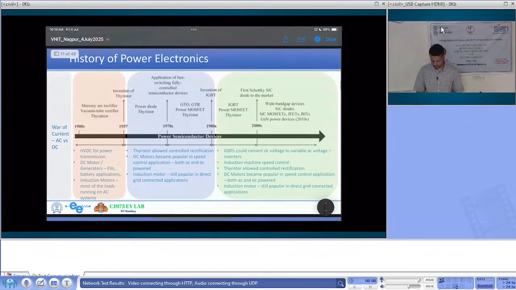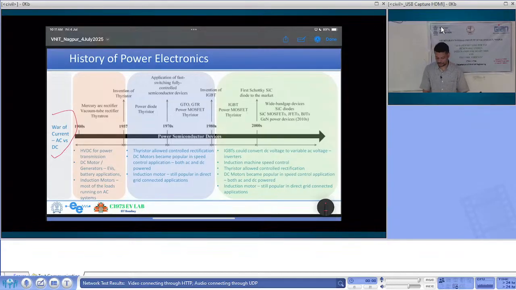So we want an ideal switch. Of course, in reality we would never have an ideal switch, but this is how the switches have evolved, or rather a brief history of power electronics. All of you have probably heard about the war of currents between Tesla and Edison.